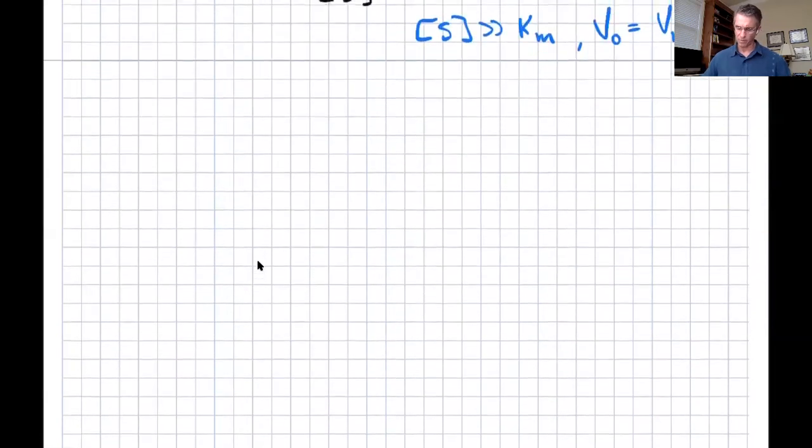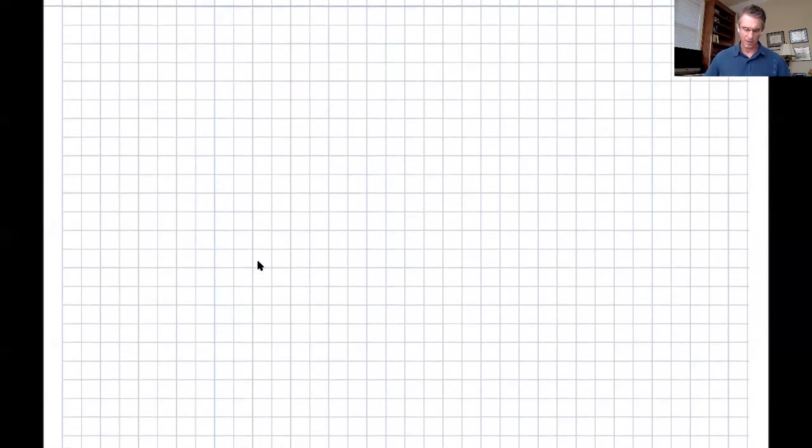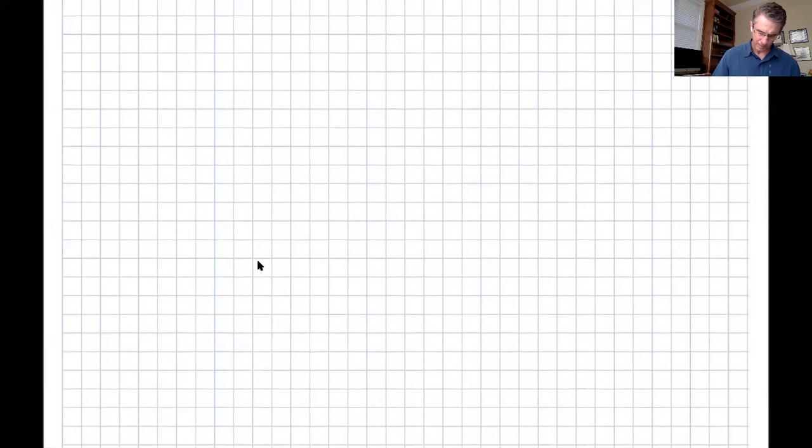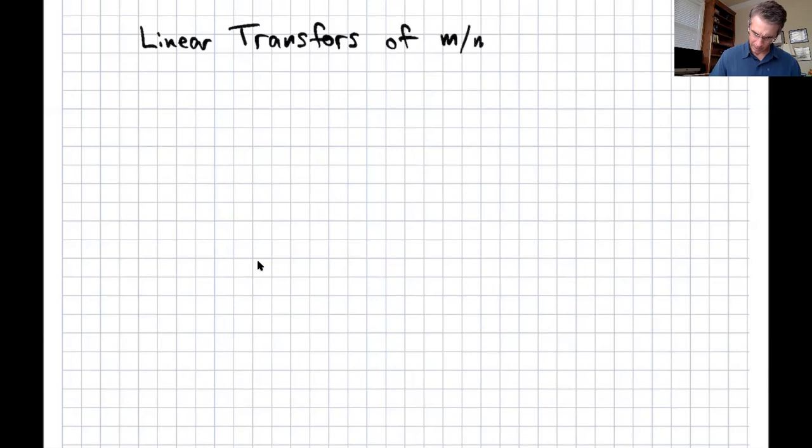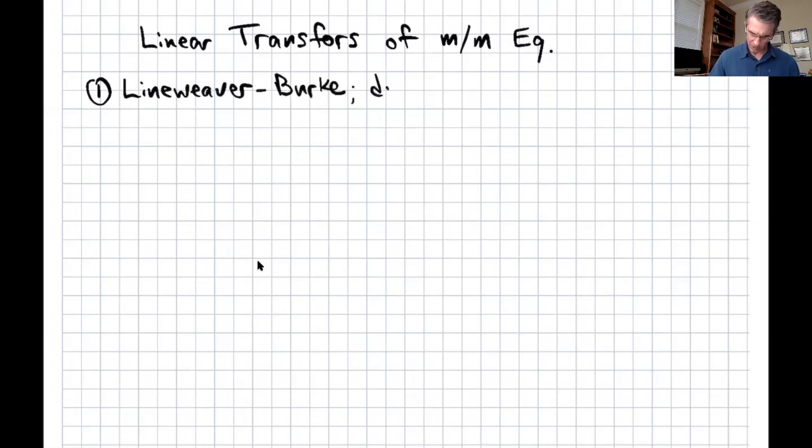And of course, the most famous of these linear transforms of the Michaelis-Menten equation is the Lineweaver-Burk plot, or sometimes also known as the double reciprocal plot.